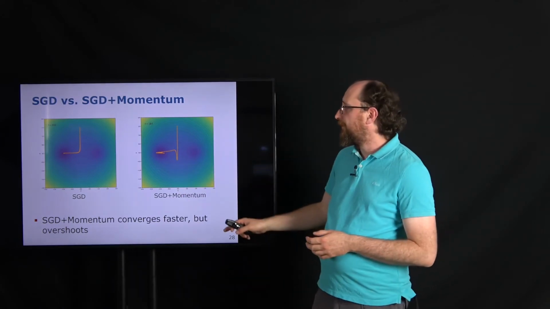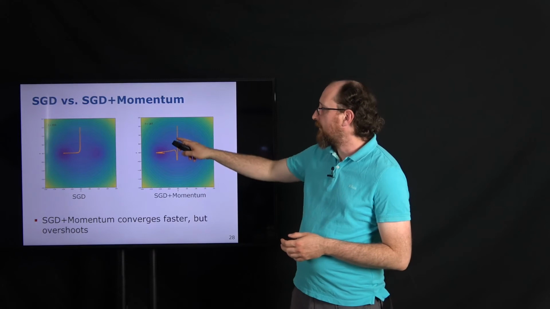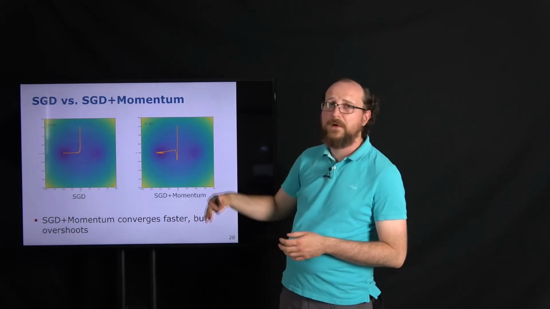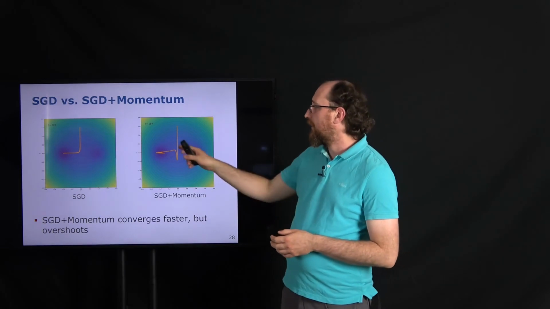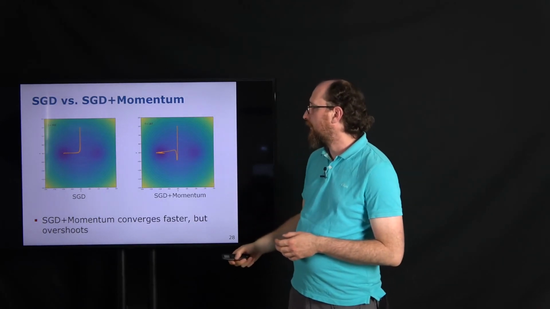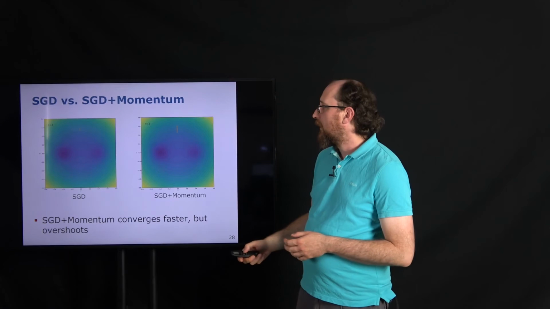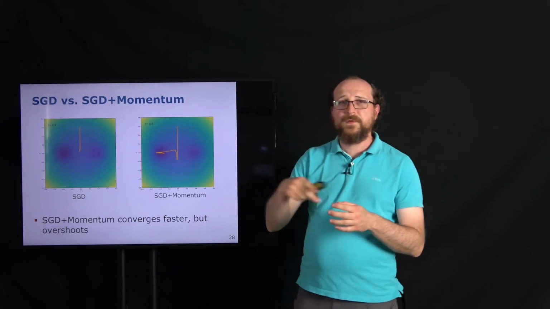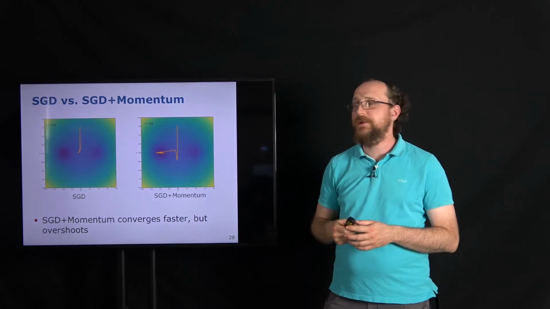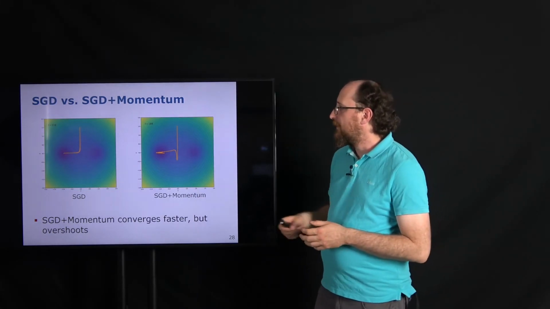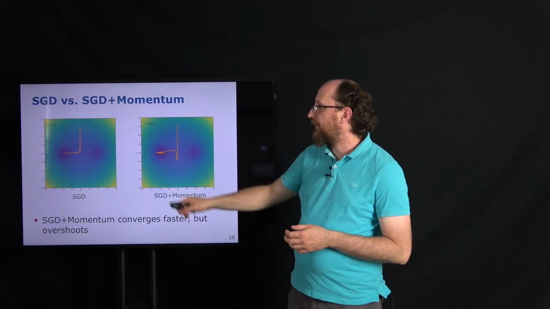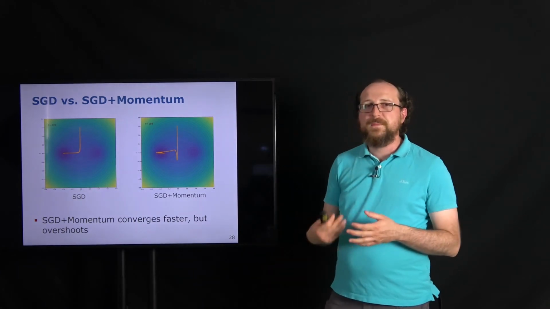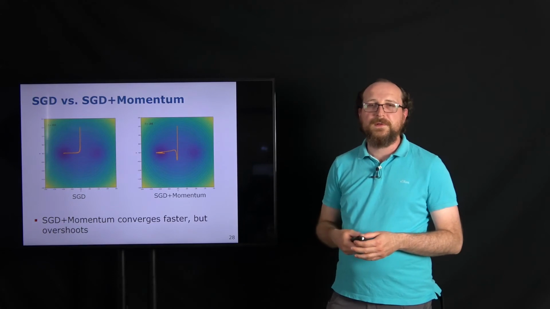And while it makes faster progress, it overshoots and then has to go in the opposite direction. And as you maybe have also seen from before, we have not only this overshooting, but it's also then rolling around the minimum in this case, and therefore, it's maybe a little bit unstable in the end.